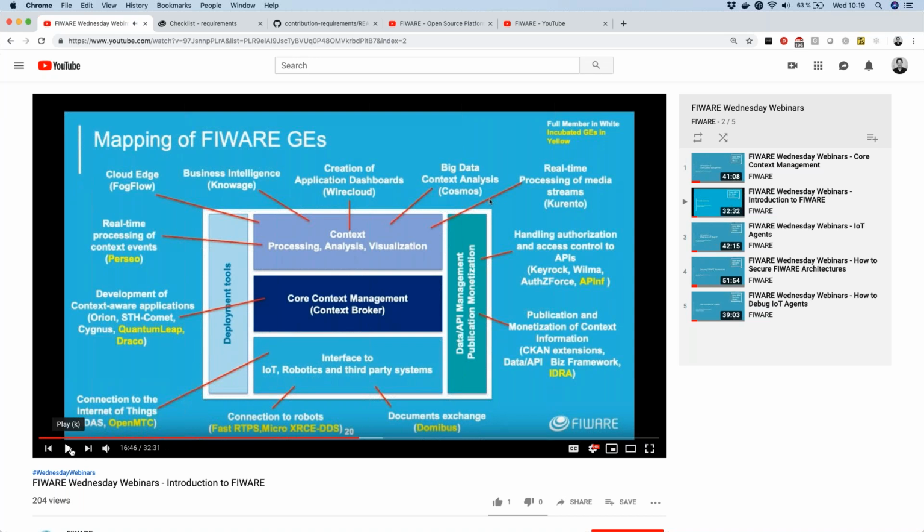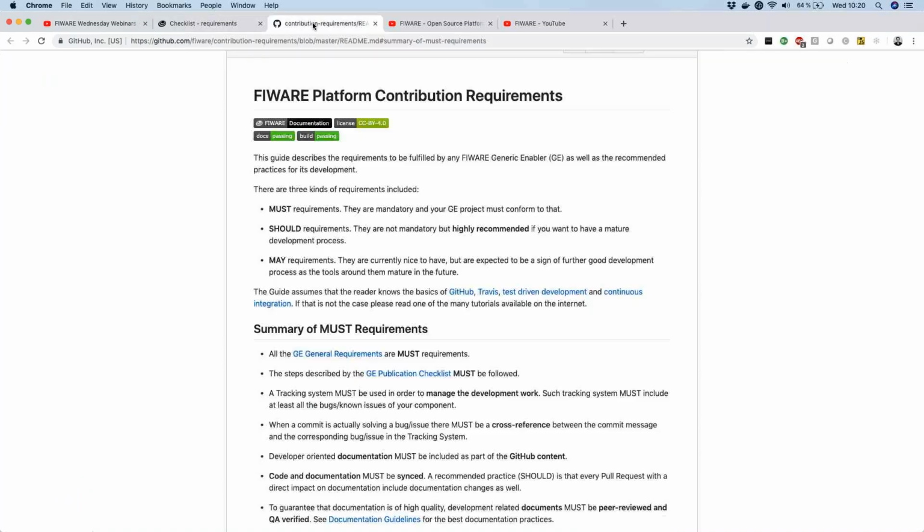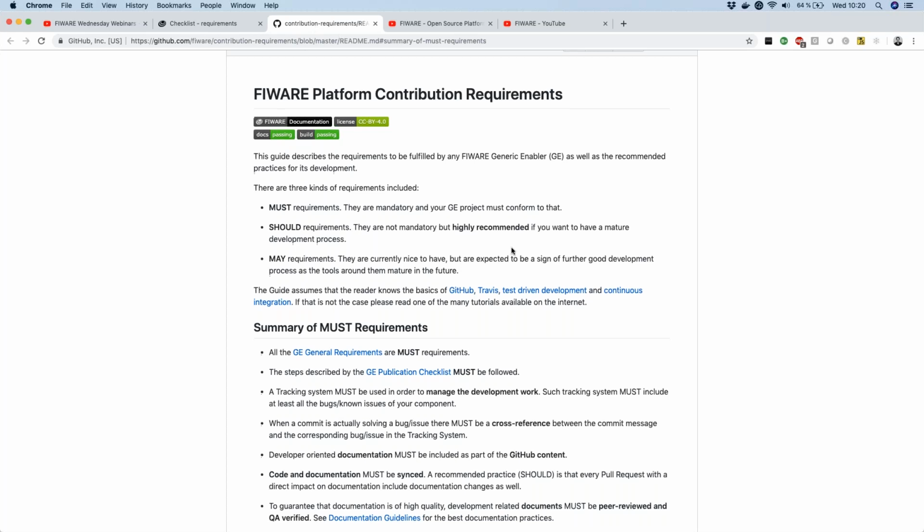The FIWARE catalog is a curated set of software elements which build around NGSI. Curated in that we mean that there are a series of requirements which every single part of FIWARE technology must follow.